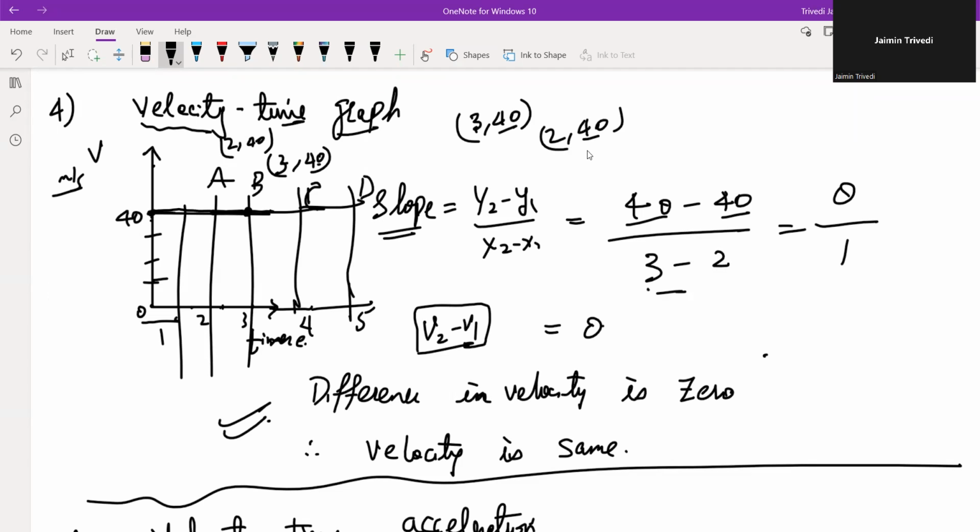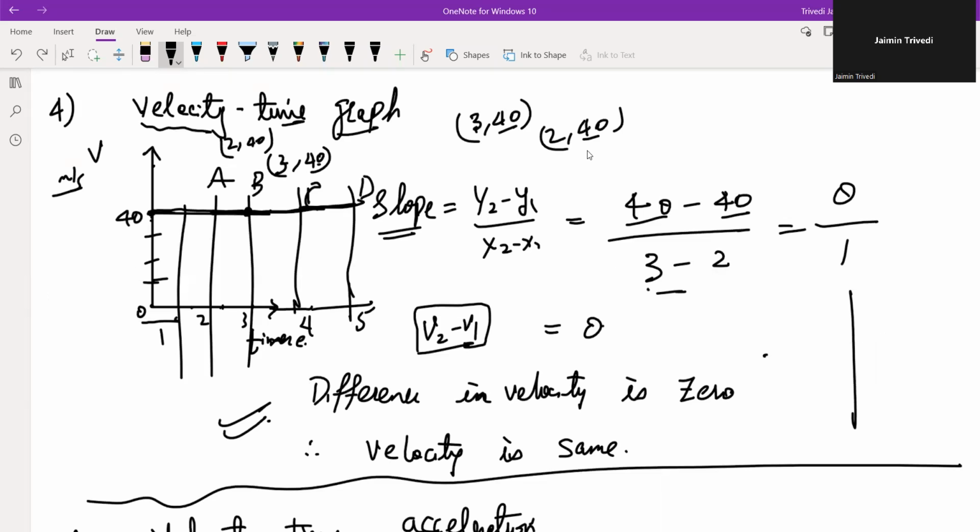See that? This graph means velocity is constant. This graph shows constant velocity, whatever the time is changing. Time keeps adding 1, 1, 1, but velocity is constant. That is 40 meters per second.